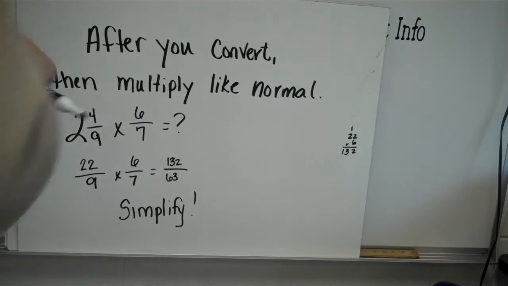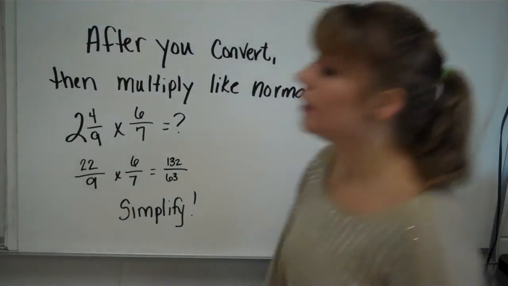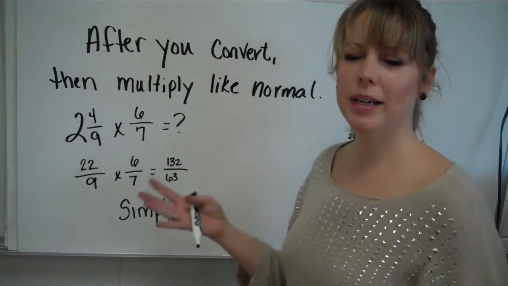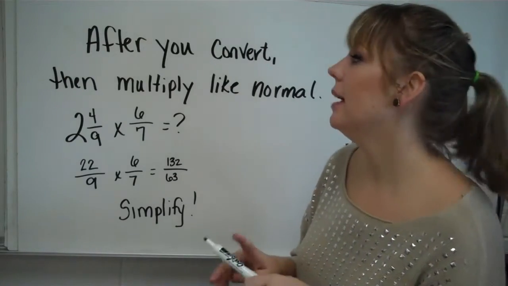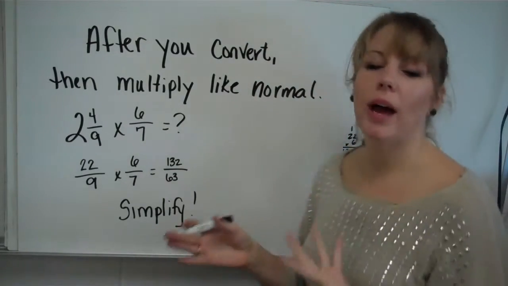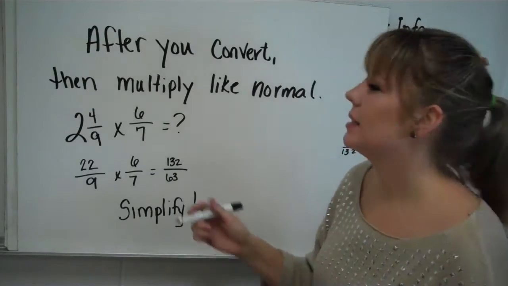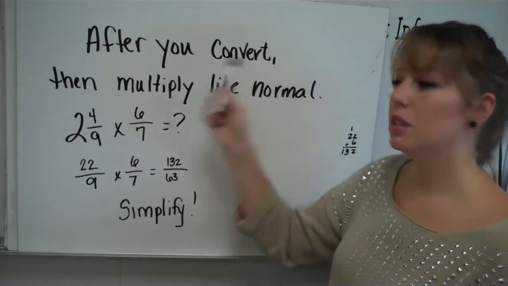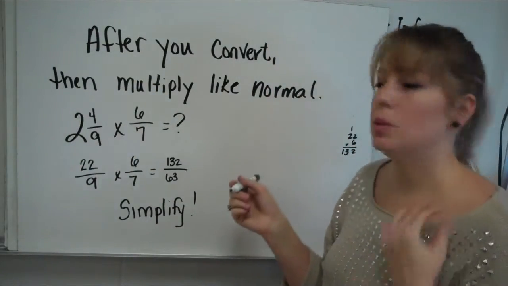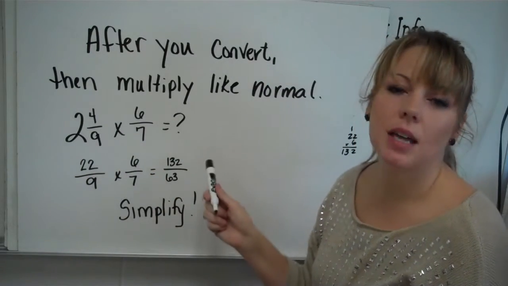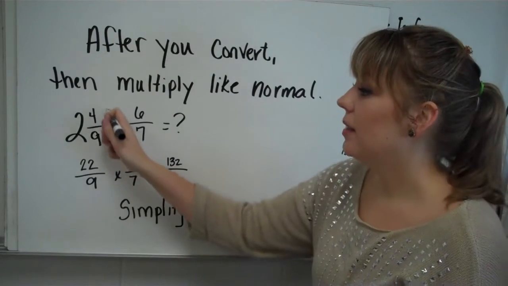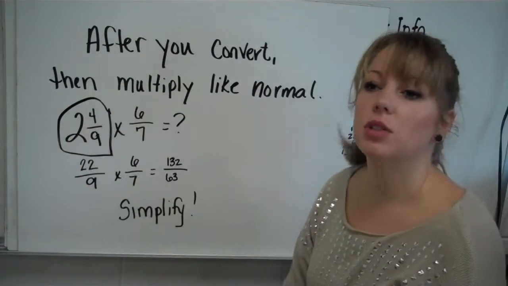Okay, so we went over how to change all those mixed numbers to improper. So now let's talk about what to do after you change them, and let's practice that. After you convert, then multiply like normal. So here's an example: 2 4/9 times 6/7. You only have one that you're going to have to do any work to before you start.